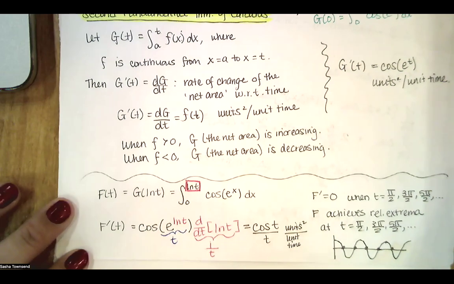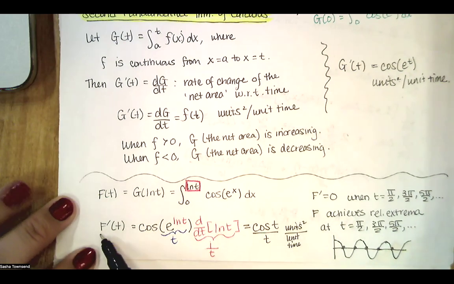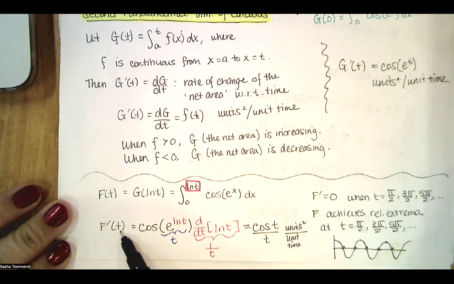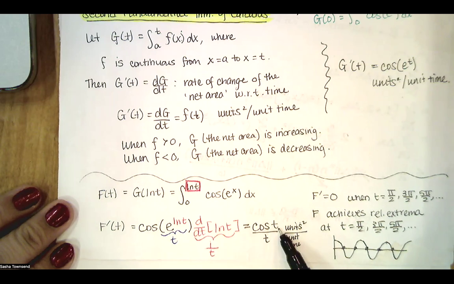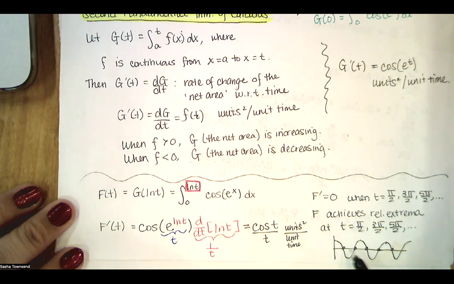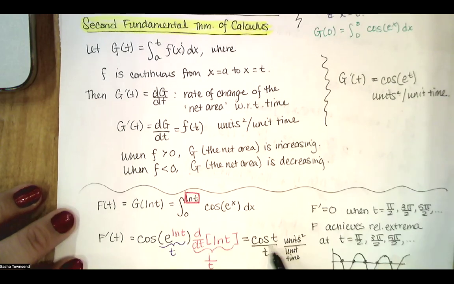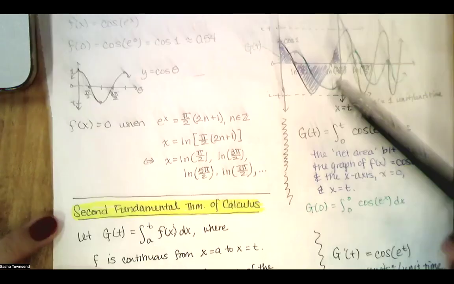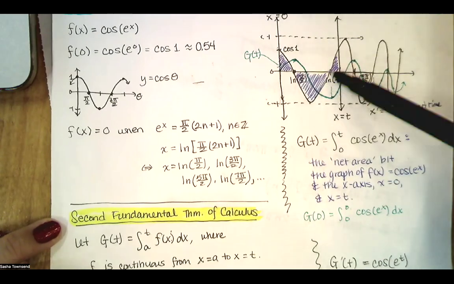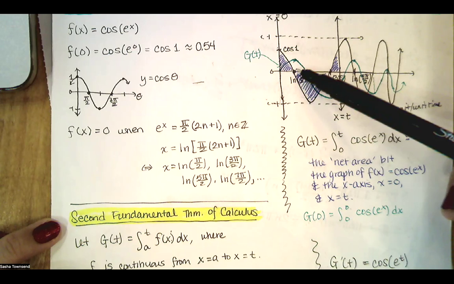Okay, so now we know that this is the change in net area, or the change in the accumulation function with respect to time, which is giving us this. So now we know that the zeros occur at these evenly spaced time intervals. But visually, spatially, those zeros are not evenly spaced.